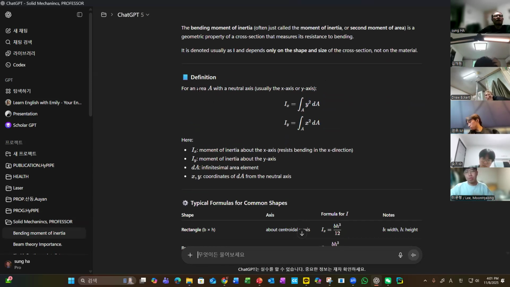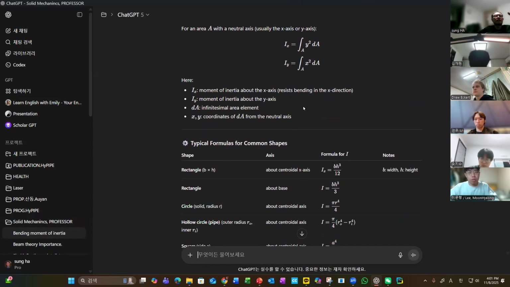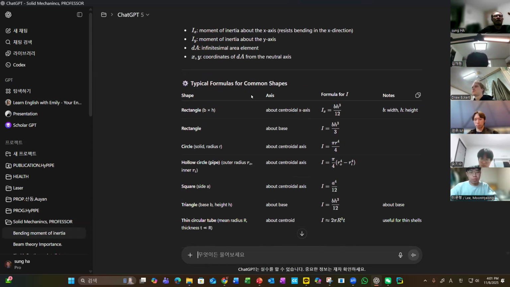The definition for an area A with a neutral axis: this is the neutral axis, so we have the integral of y squared dA. Sometimes it doesn't need to be the neutral axis, but this is the moment of inertia. If this is a rectangle, we have b h cubed over 12. This is the equation you need to remember.